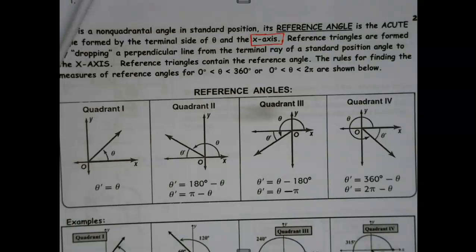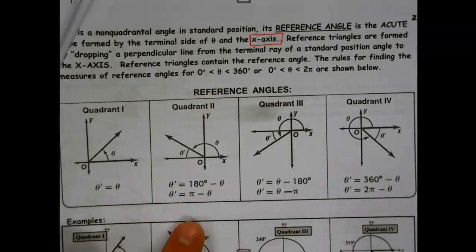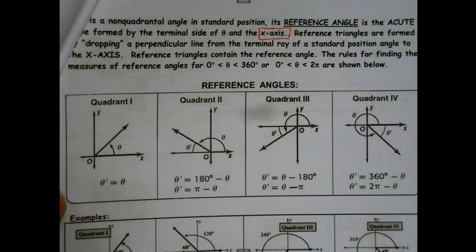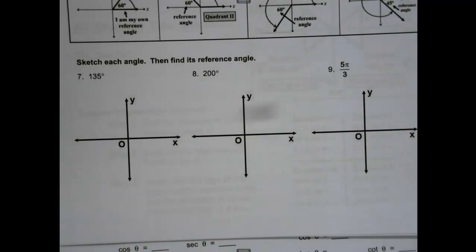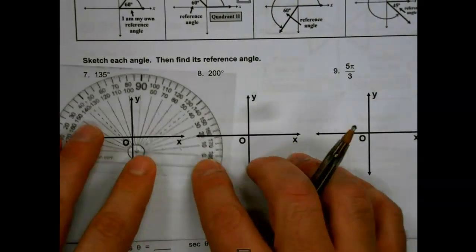So I've always found it's easier, instead of memorizing all these different little things per quadrant and stuff, to just get into it and use a little common sense. So here's what I mean. We're going to come down here. It says sketch an angle. Find its reference angle. Okay, we'll get a little practice in here while we're doing this. We'll start with an easy one because it's between 0 and 180.